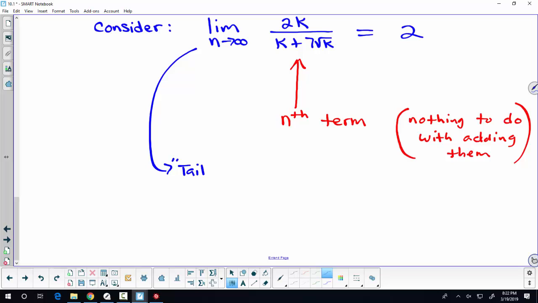So all that limit says is that the nth term, the tail of that sequence, gets closer to 2. Does that make sense? Just because you compute a limit at infinity doesn't mean you're computing a sum. It just means you're computing a limit. It has nothing to do with the sum.